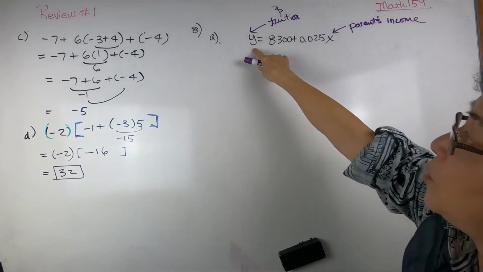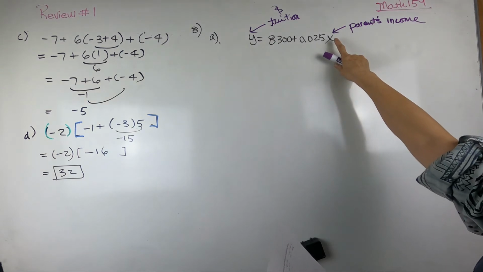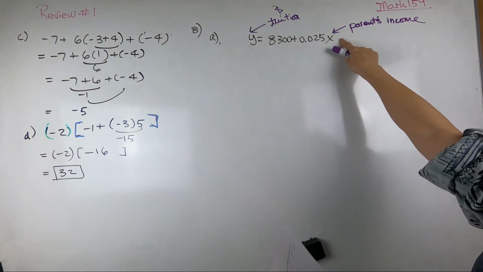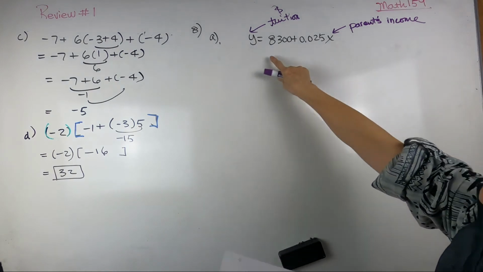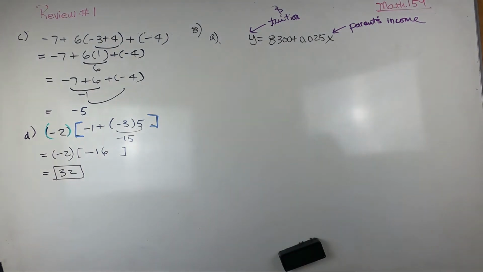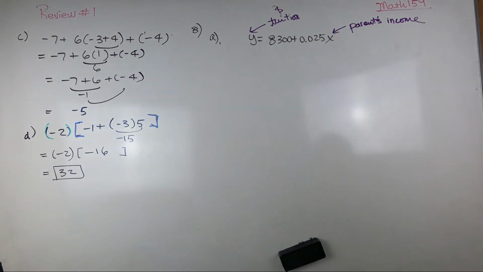Okay, Y depends on X. So it looks like if your parents have more income, you need to pay more tuition. That's what it's saying. That's what the equation here means.